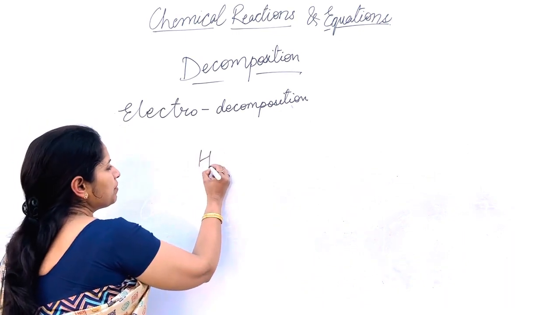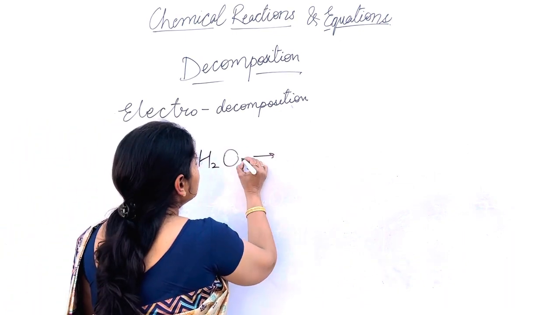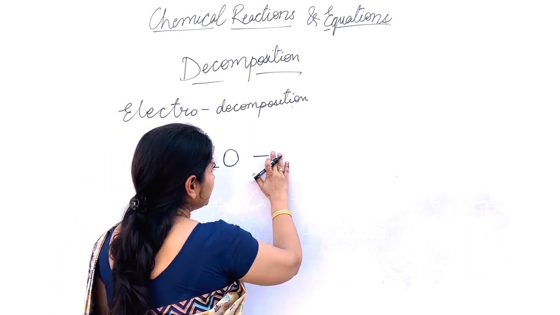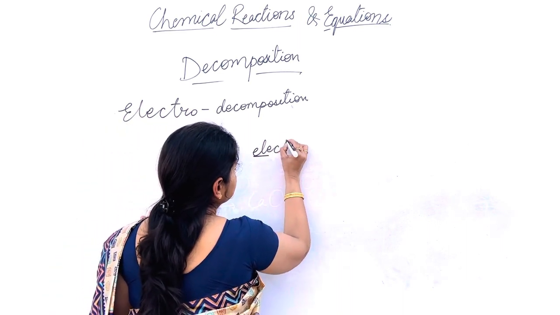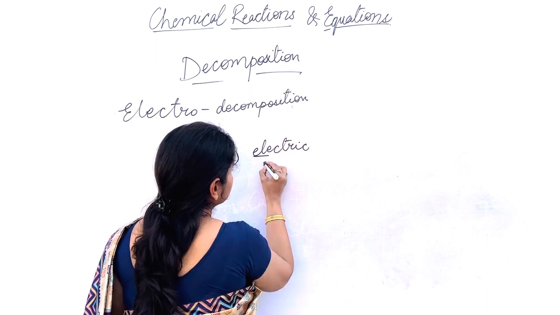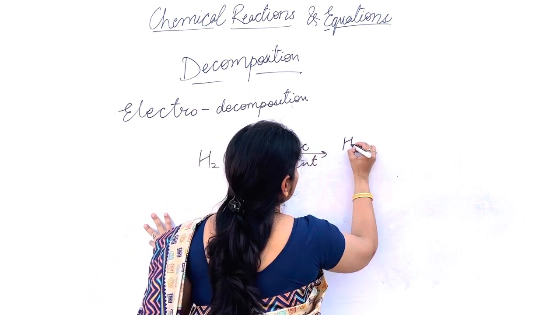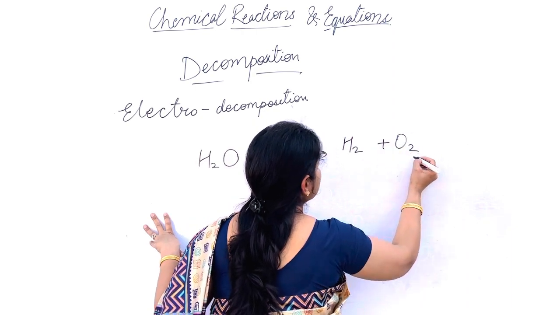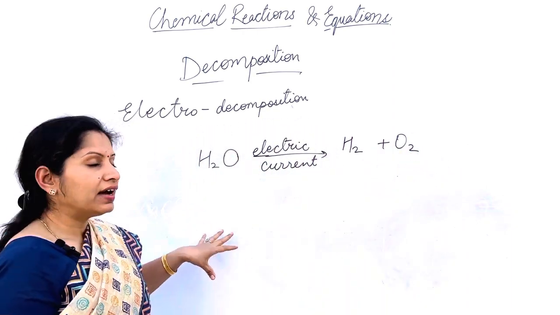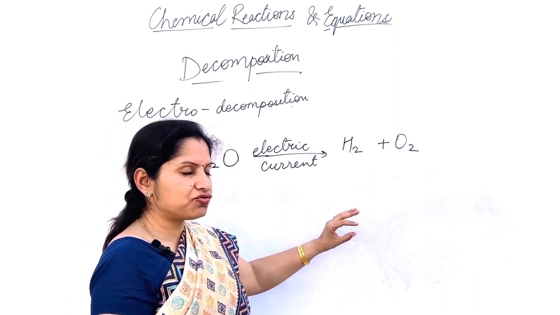One very easy example for that is water. When you pass electric current through it, then what will be formed? Hydrogen and oxygen gas will be formed. And this is an example of electric decomposition.